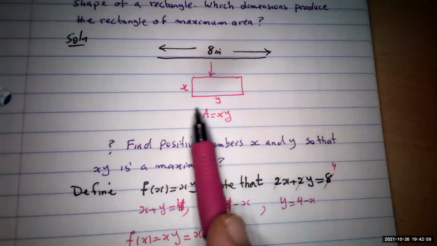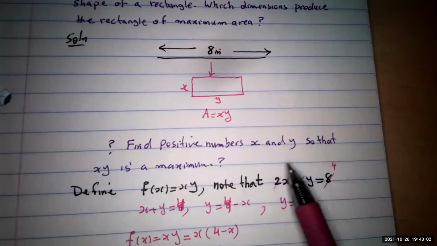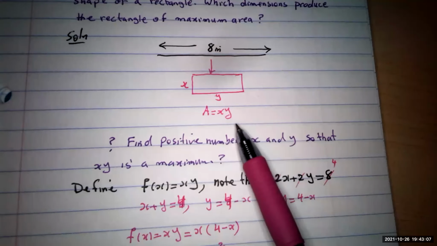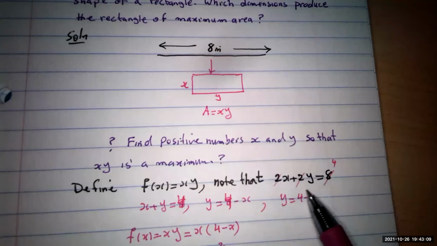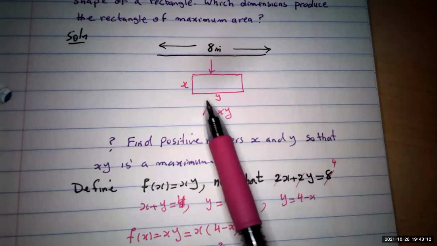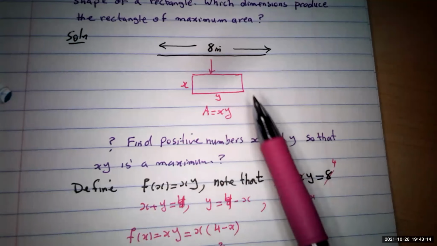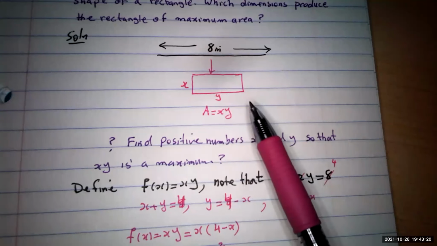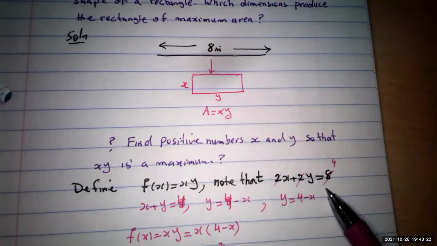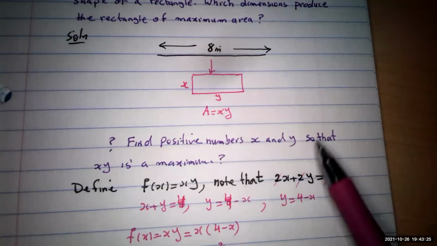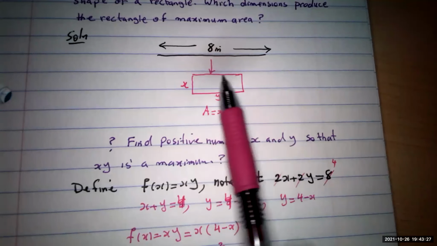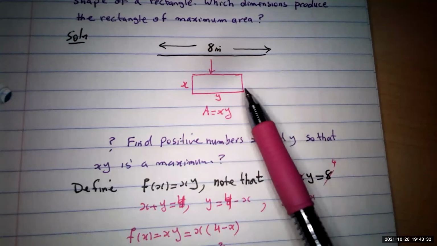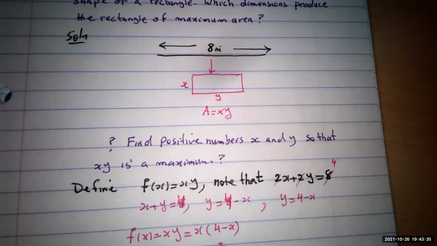Remember, the perimeter. We just add these numbers to get the perimeter, so 2x plus 2y makes it here. So this will tell you that among all the rectangles with a fixed perimeter, because the perimeter was given to you, the one with the maximum area is a square.